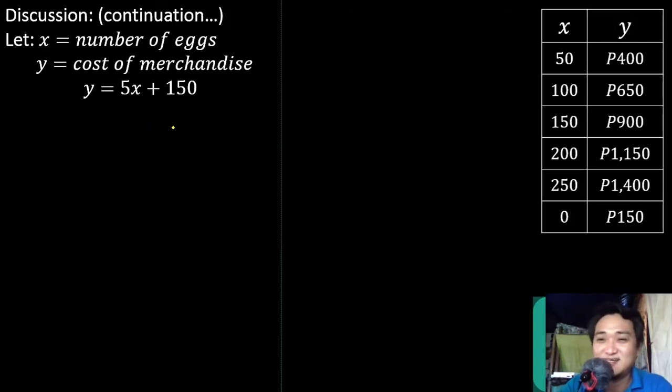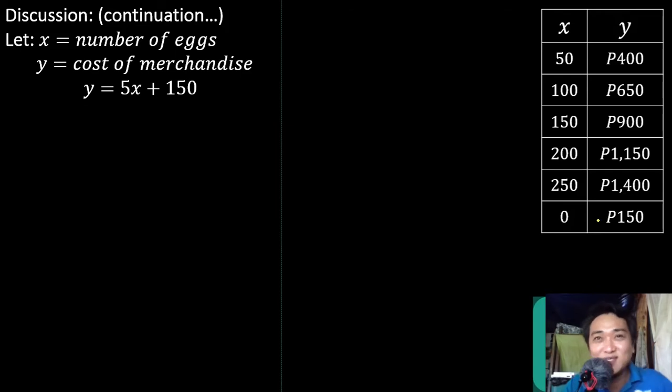Parang ganun. Sige. So whenever you deliver 50 eggs, that costs 400 pesos, 100 for 650, 150 eggs, 900 pesos, 200 for 1,150, 250, 1,400, and yung zero, meaning it's either naglakwatsa lang yung driver dun sa pagdideliveran niya, talagang hindi naman talaga siya nagdala ng merchandise, or may dala-dala siyang merchandise pero bumalik siya, wala siyang na-distribute because lahat ng tindahan na pinuntahan niya is hindi pa kumukuha ng itlog for the reason na baka meron pa silang stocks.